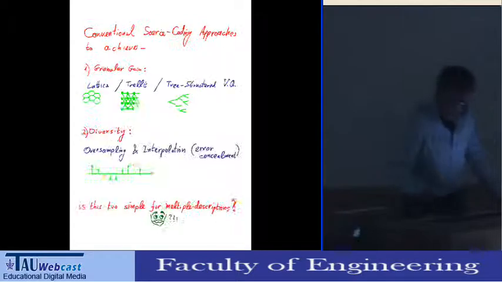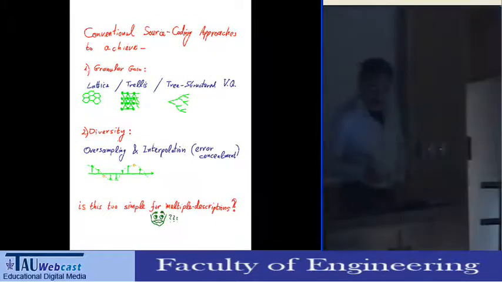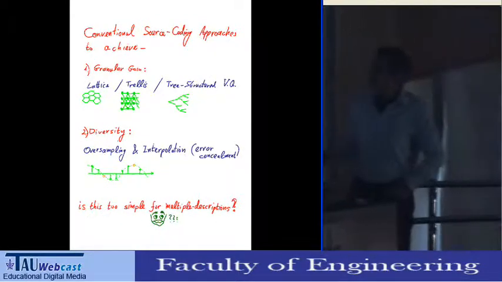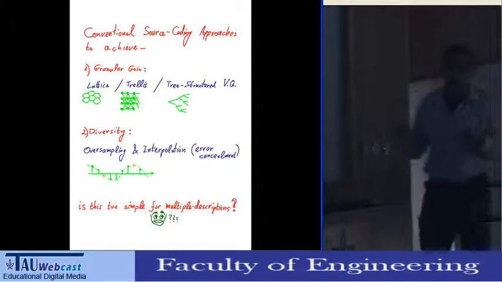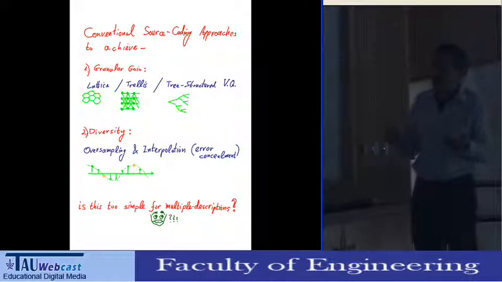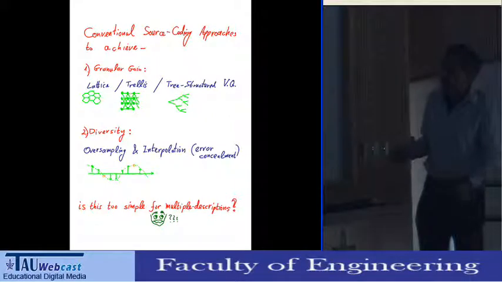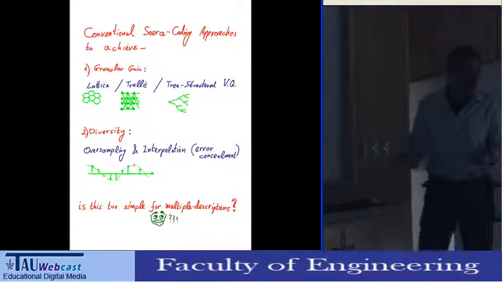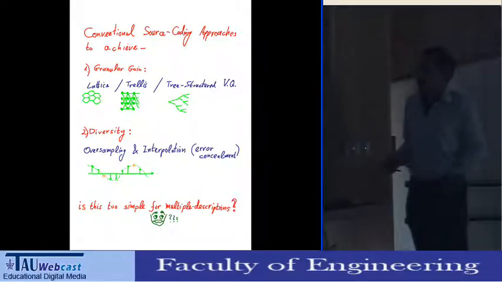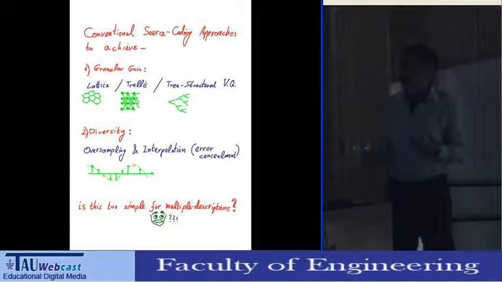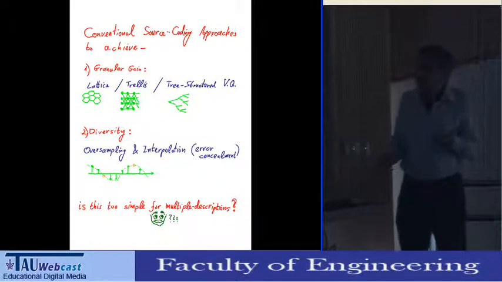So what do we do in conventional quantization? To close the gap between scalar quantization and Shannon, you can say we use lattice codes or trellis codes or tree structured codes, maybe one day polar codes. And to get the diversity feature, usually in practice people are using oversampling and interpolation.